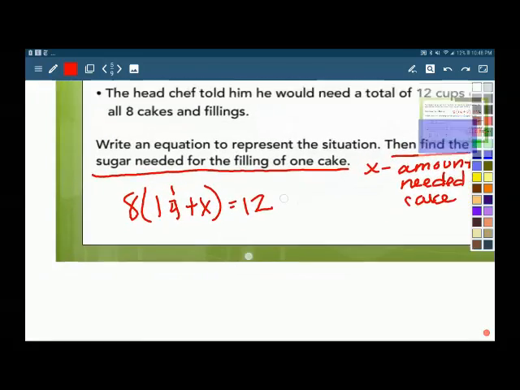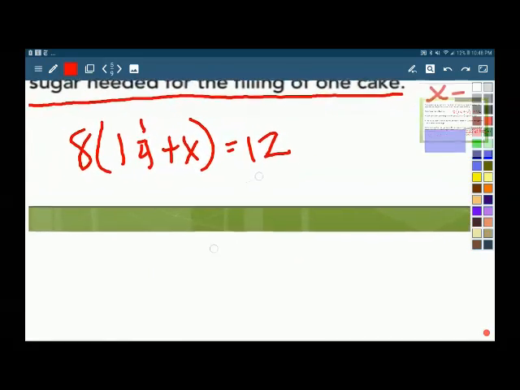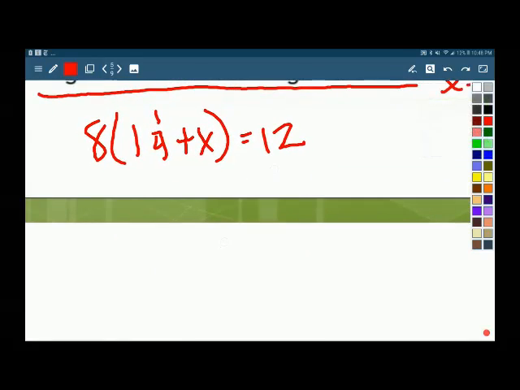And we're going to need to solve for x, because then we'll know how much sugar goes in one of the fillings. Now, my first suggestion here would be to change that mixed number into an improper fraction. That's going to help us do the multiplication in the distributive property. So remember, when we make something into an improper fraction, we take the denominator, multiply it by the whole number, and add it to the numerator.